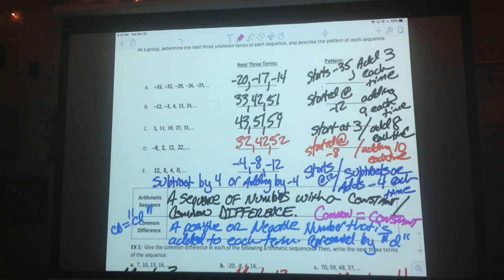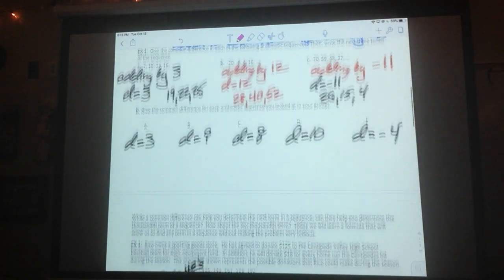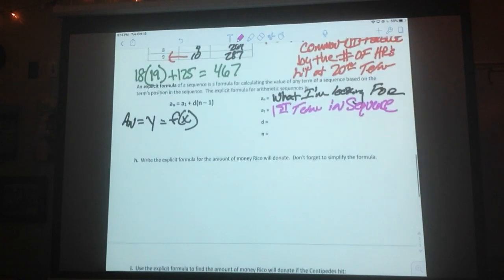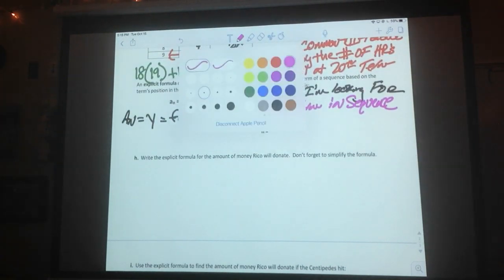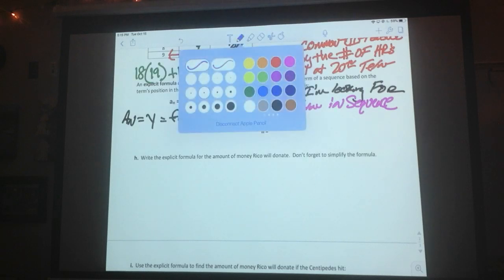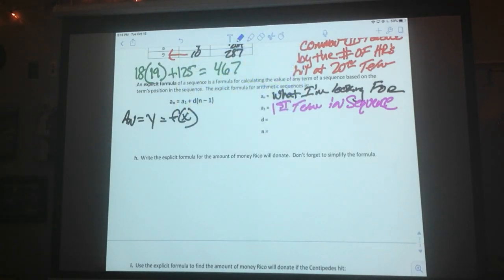Like we started at negative 35, we started at negative 12, we started at 3, and we started at negative 8. All of those, we're going to use the first term in the sequence. We're going to use it in our formula. Okay? Now, D is going to be our common difference. We should already know that. So D is our common difference.